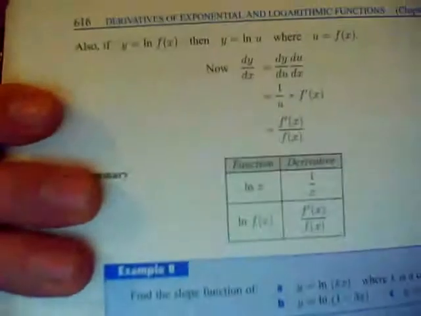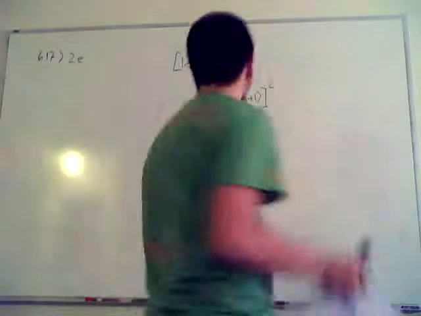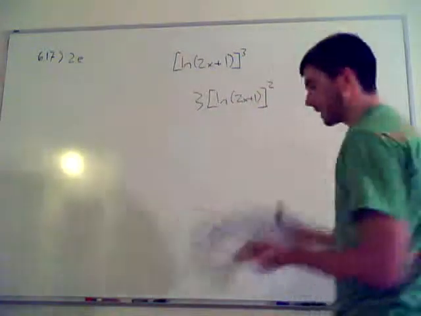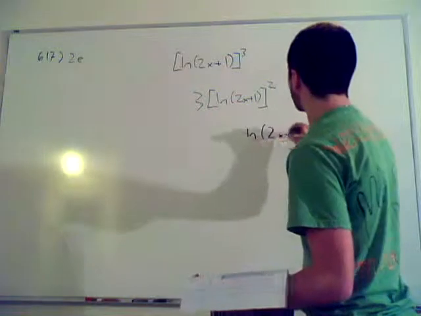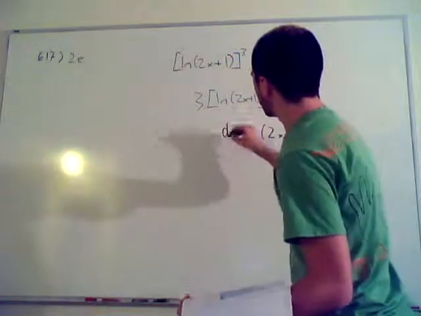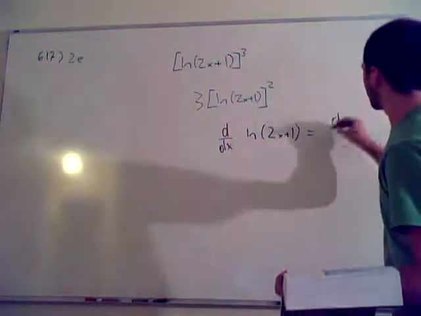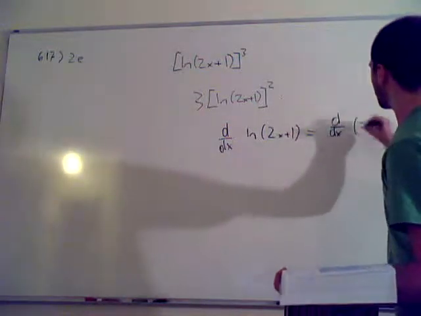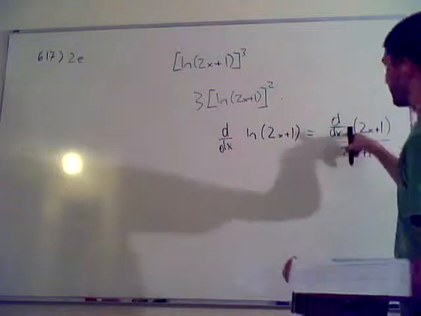So on 616, I actually have to recall this because I didn't remember it. It says natural log of f of x. When you take the derivative, it's f prime over f of x. Alright? Memorize that, that's important. So if you have natural log of 2x plus 1, the derivative of that equals the derivative of 2x plus 1 over 2x plus 1, right?